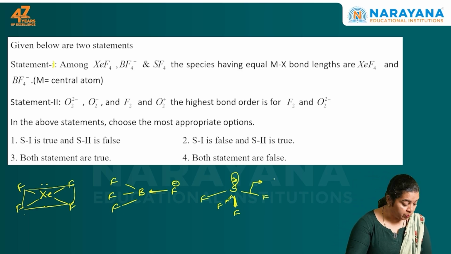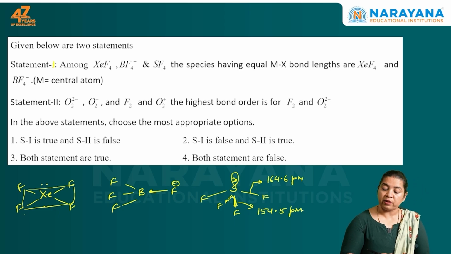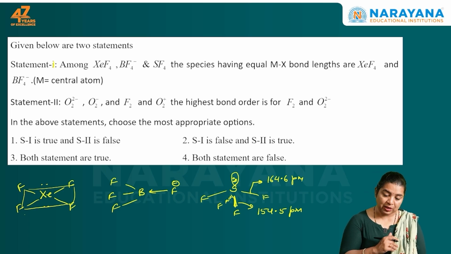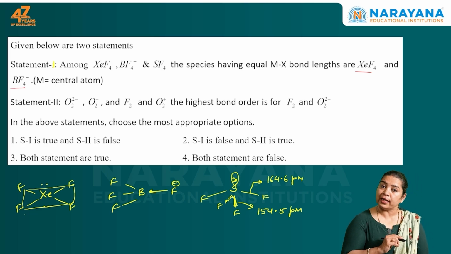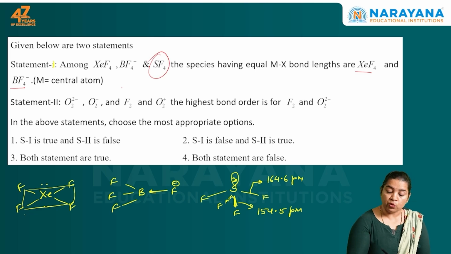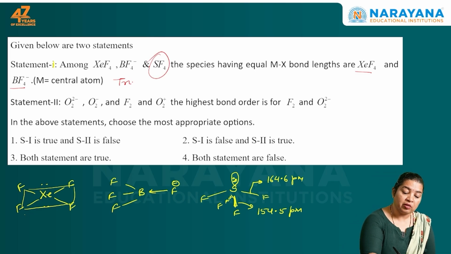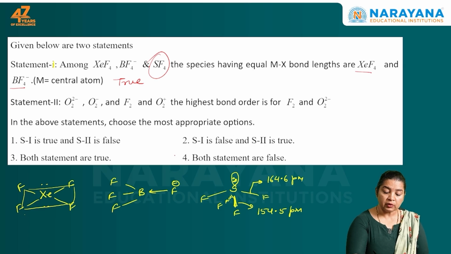This particular one is 164.6 picometer, and these which I have placed on wedge and dash are 154.5 picometer. It is a seesaw shaped structure. Among XeF4, BF4 minus and SF4, XeF4 and BF4 minus have equal bond lengths, we agreed, and SF4 does not. So, this statement is true. This can't be our answer.